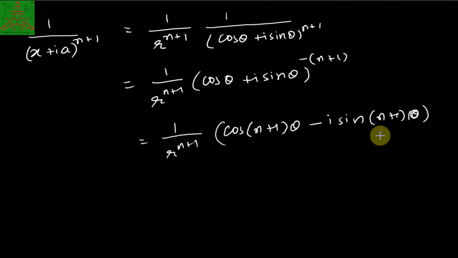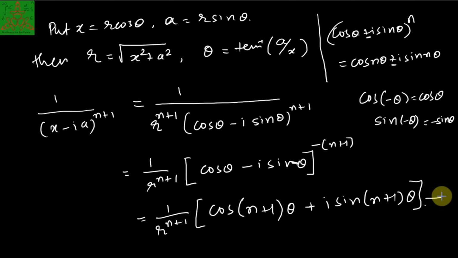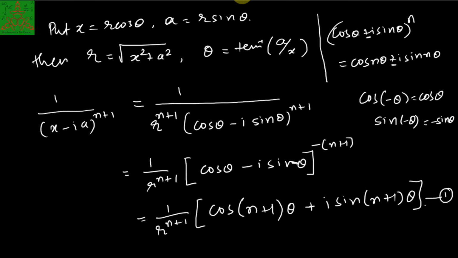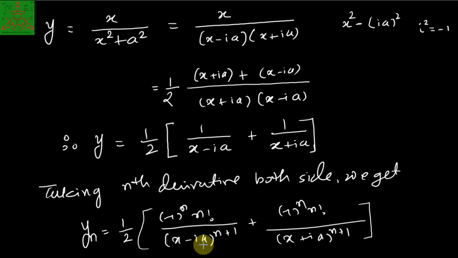If I call this statement 2 and the earlier one statement 1, then adding 1 and 2 in the yn which we have, which is 1 by 2 times this quantity plus this, minus 1 raised to n into n factorial will get common.